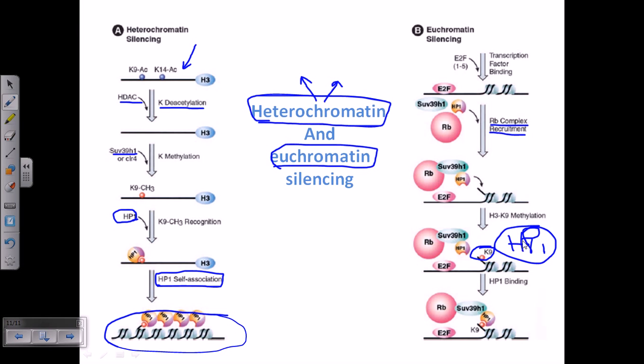They will recruit more and more HP1, and then they will wrap the DNA onto the histone, so that these regions of DNA are blocked for expression. Okay, so these are the two processes of gene expression studies that we have seen. Both of them are gene silencing events, for heterochromatin as well as for euchromatin. So that's in the sense of methylation, and I hope that's helpful. Thank you.